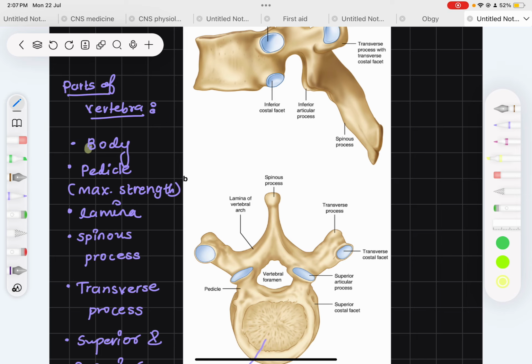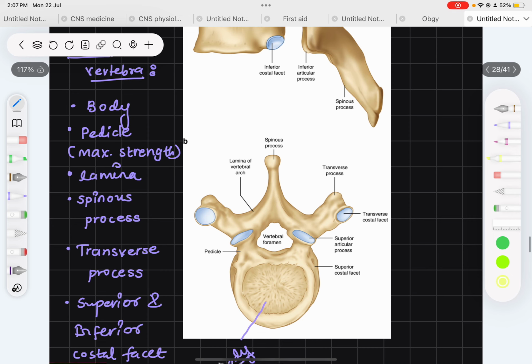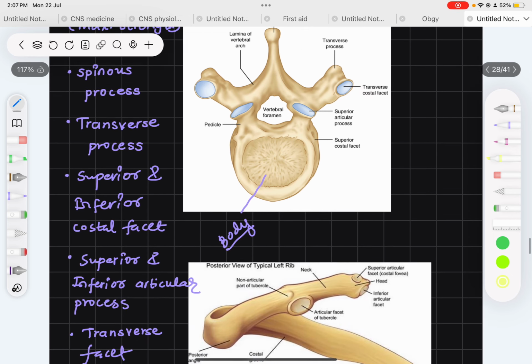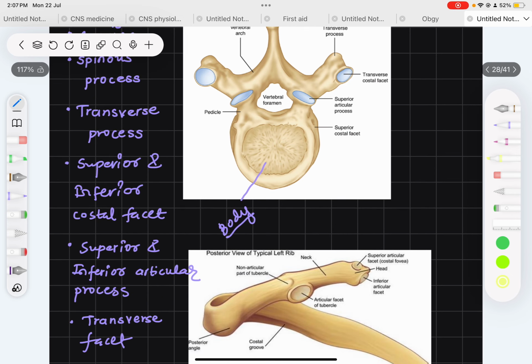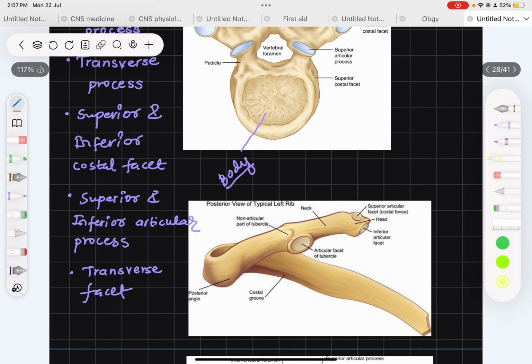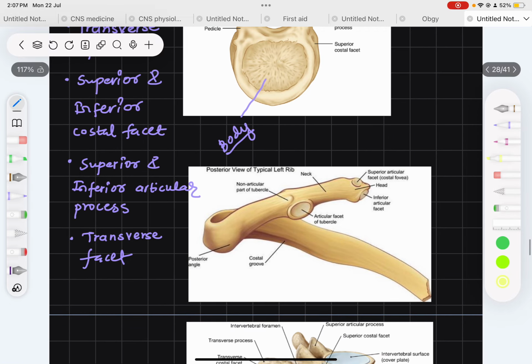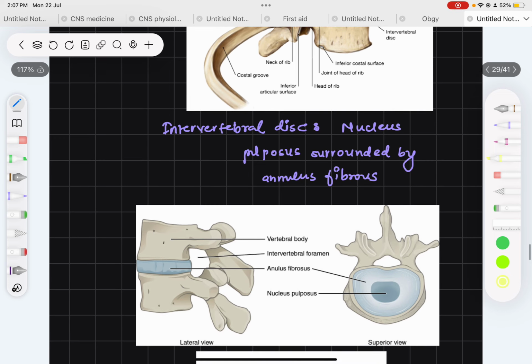So we have seen the parts: body, pedicle, lamina, spinous process, transverse process, then facet, superior and inferior costal facets, superior and inferior articular processes, and transverse facet.